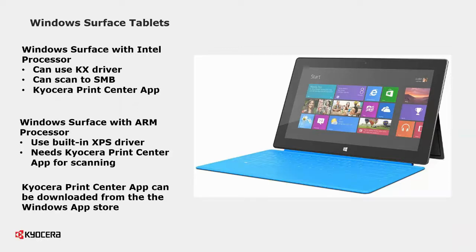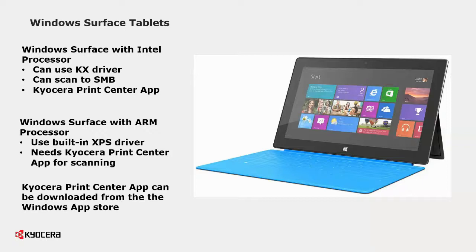But if you have a Windows Surface tablet that has an ARM-based processor, that's a little bit different. KX driver is not going to work with those. You would need an XPS or the built-in XPS print driver. Normally when you plug in the printer to the network, it'll automatically install the device, install the driver.